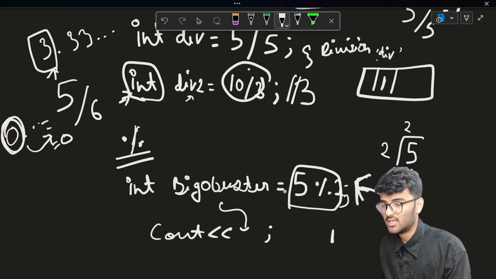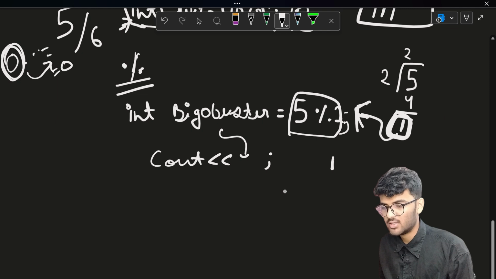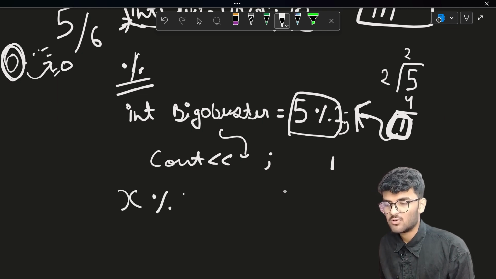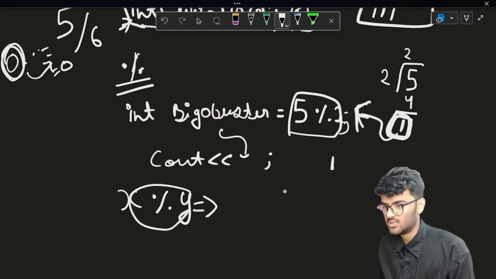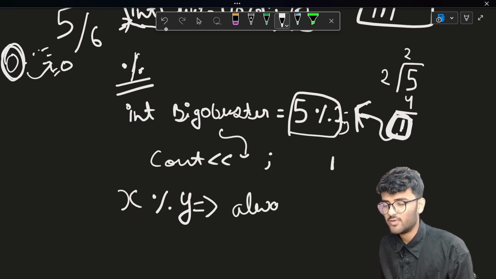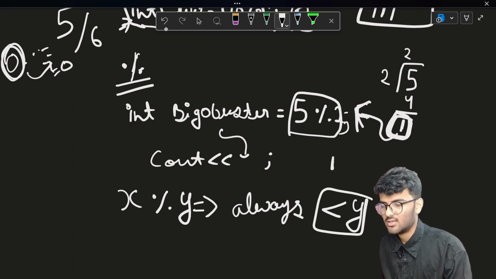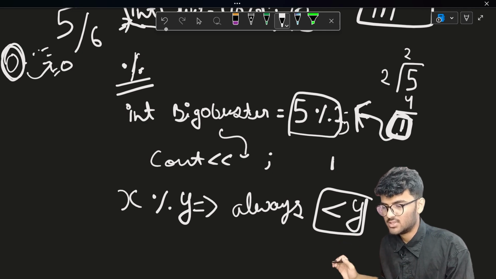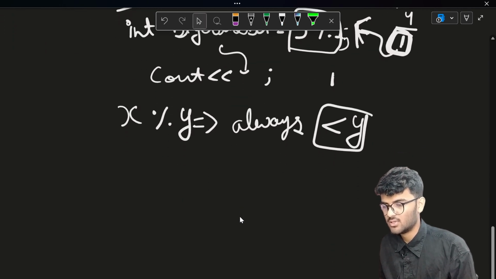And the one thing that is for sure, if you are doing x modulo y, the answer of this expression will always be less than y. This is very important. You can check it with an example.